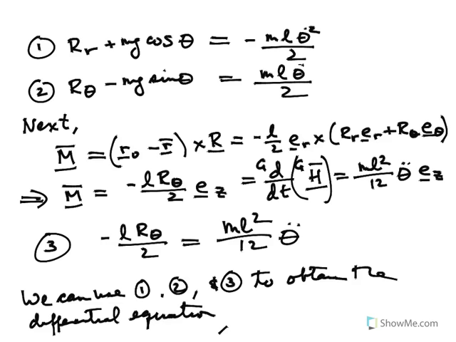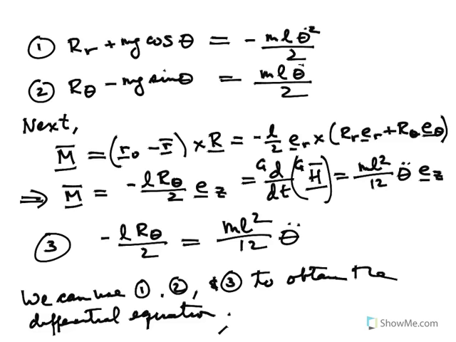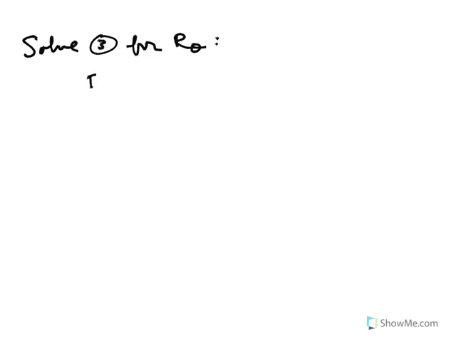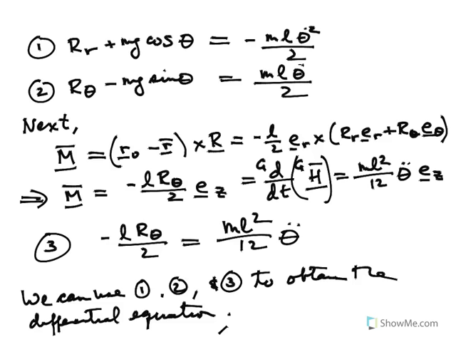The first thing is that we're going to solve 3 for R sub theta. What do we get when we do that? We get R sub theta is equal to minus ml over 6 theta double dot. All I did was multiply both sides by 2, divide by L.